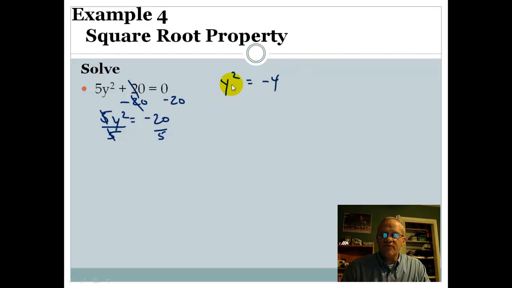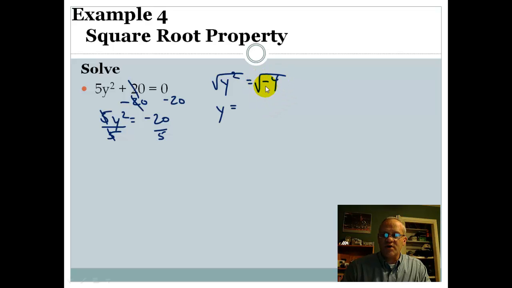So remember what we did before, where the square root and the squared to the second power cancel each other out? So to cancel out something squared, I take the square root of it. If I do it on that side, I have to do it on that side as well. So these cancel out and leave me with just a y.